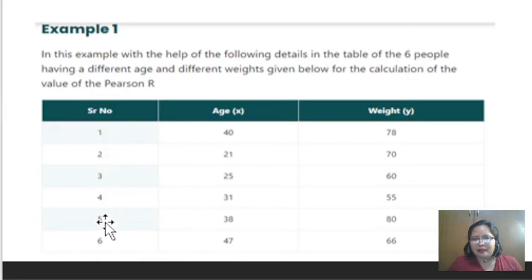So, 1, 2, 3, 4, 5, 6. And they have the age representing the X score or variable X, while the weight is Y. Okay? So, we're going to calculate the Pearson Correlation Coefficient based on the given values. Okay?